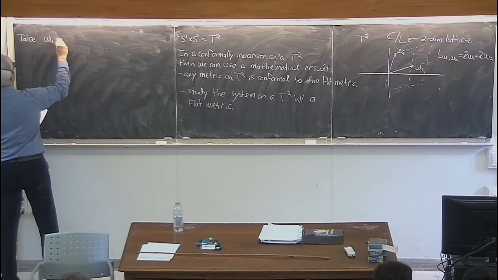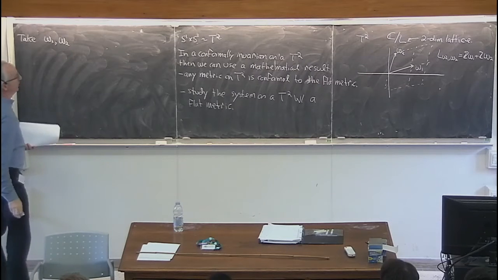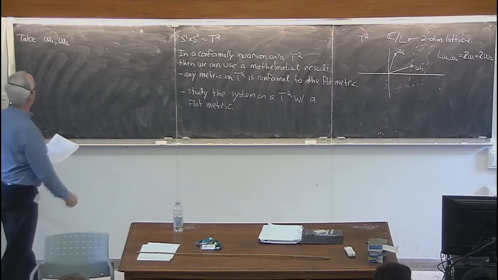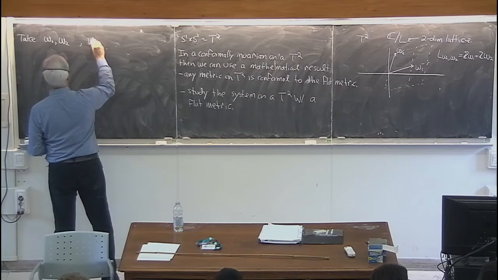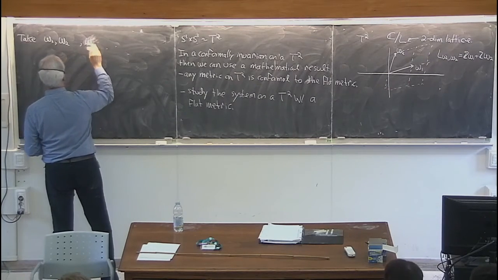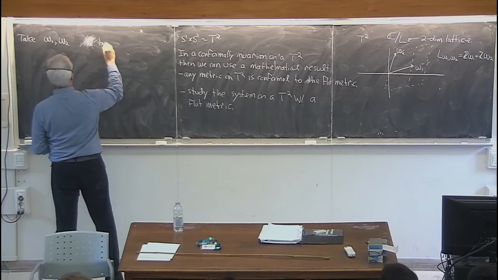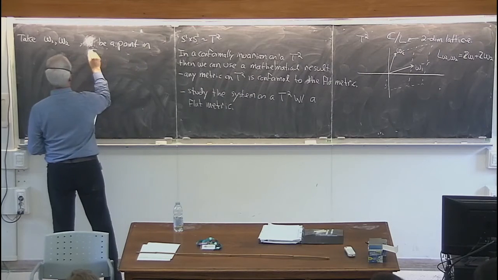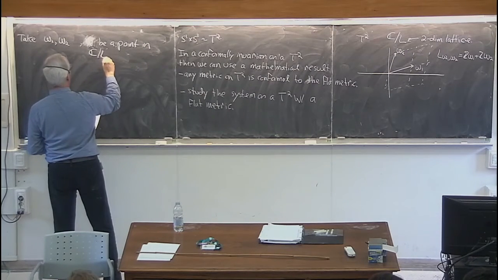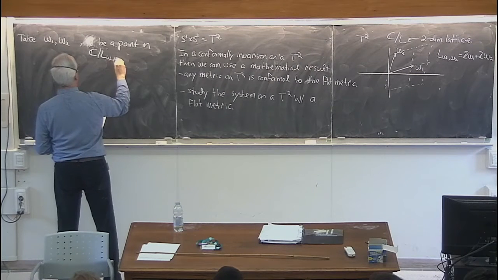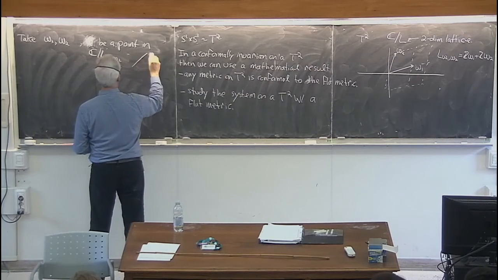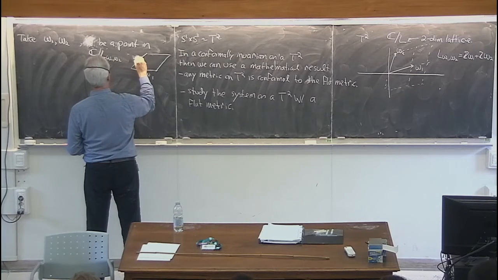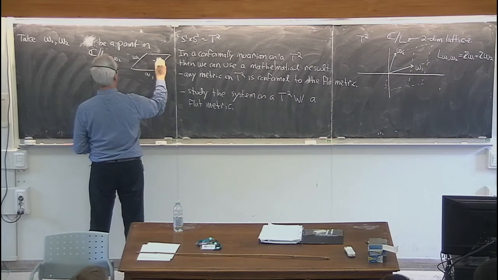Take my complex numbers omega 1 and omega 2, which determine the periodicity of this lattice, and let w be a point in the complex plane modded out by this lattice. All right, so I've got this lattice, omega 1, omega 2, and I have some point in here that I'm calling w.